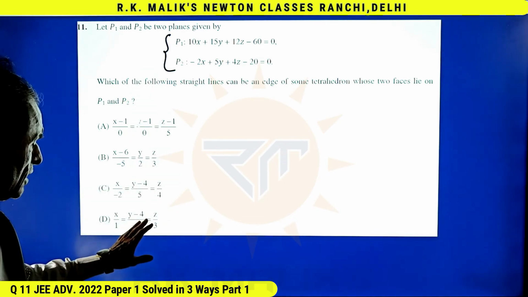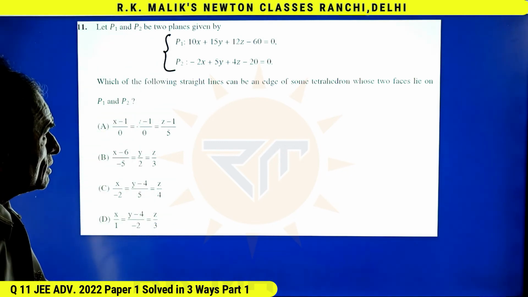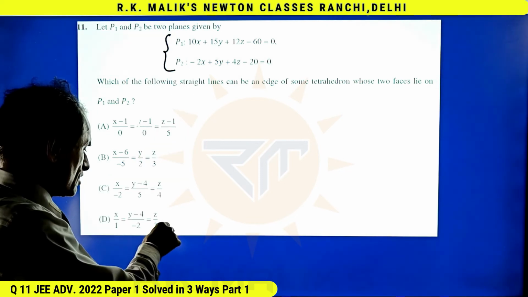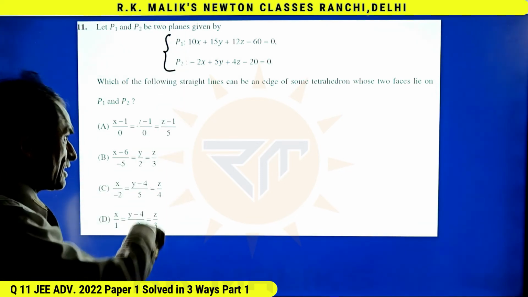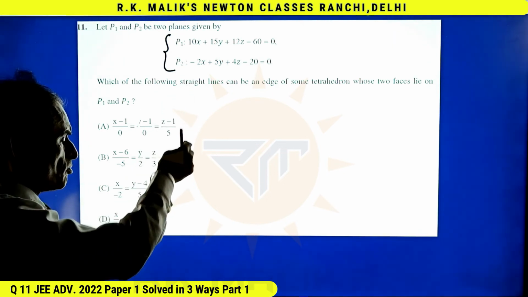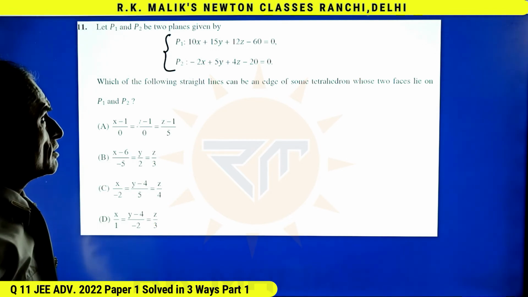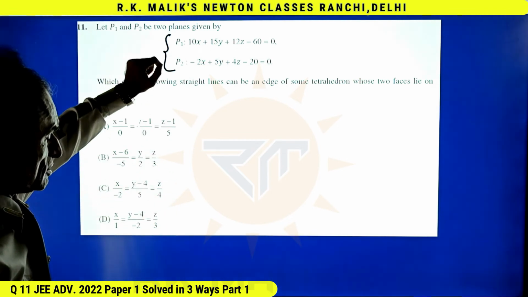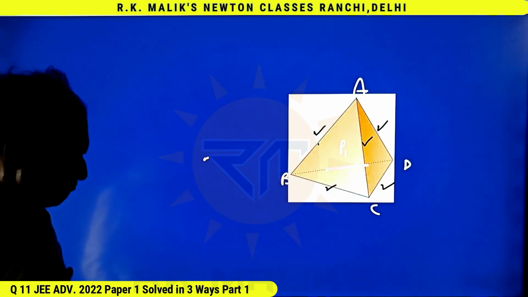Note that if the line is parallel to the plane P1, then it will have to lie in the plane P1. Then if it lies in the plane P1, it can become an edge provided this line is not parallel to the line given by these two planes, that is, the line is not parallel to the line BD.